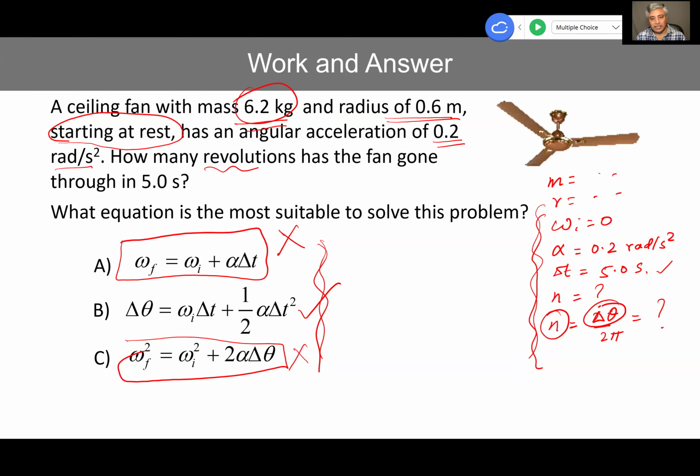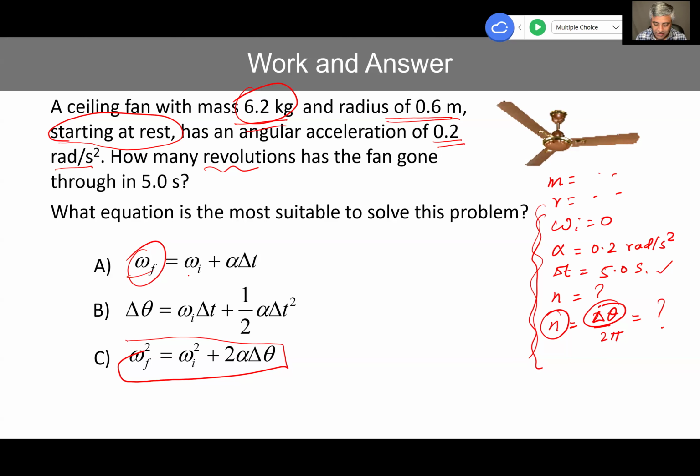So just like the kinematic equation, we do the same thing to solve rotational kinematics. Only the equation looks slightly different. If you read something like this, final velocity, for the linear case it's going to be linear velocity v. Here it is the angular velocity omega. Only that's the difference.